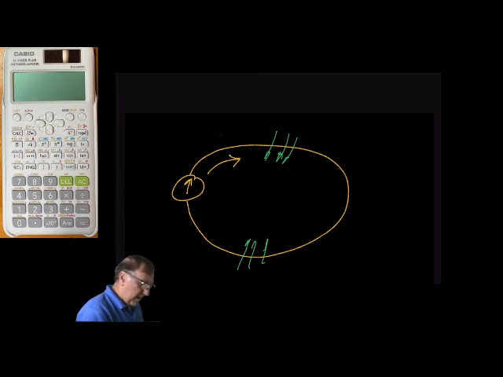So if we look at a simple circuit of current flowing through a wire in this direction, we can see that the magnetic lines of flux change direction as we move along the wire based on the right-hand rule.